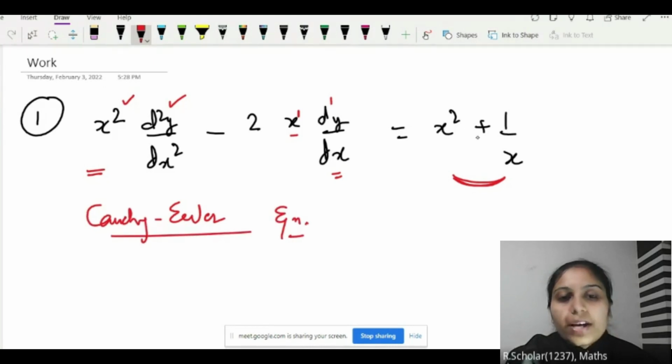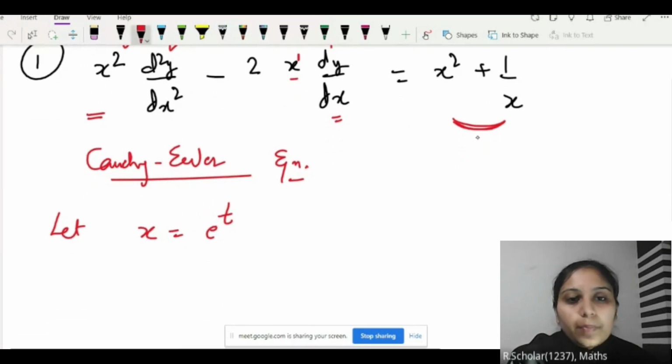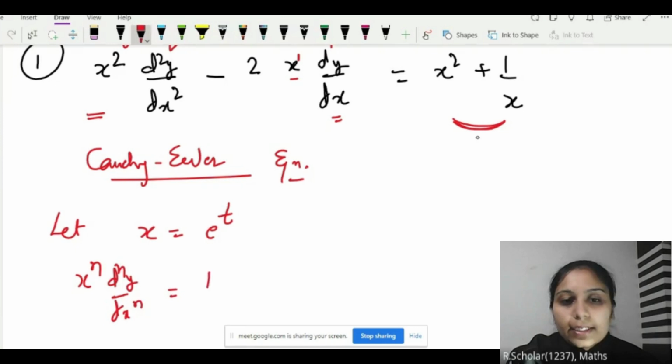And for finding solution of this kind of equation, we will substitute let x is equal to e raised to power t. By this substitution, what happened? We can write x^n d^n y upon dx^n as D(D minus 1)(D minus 2) up to (D minus n plus 1) y.